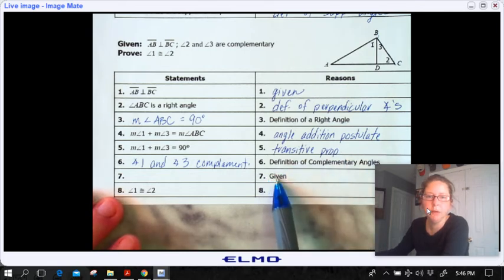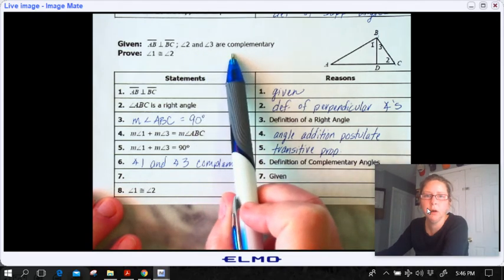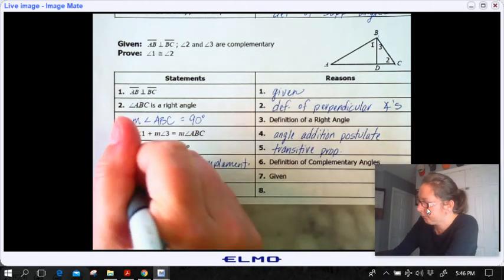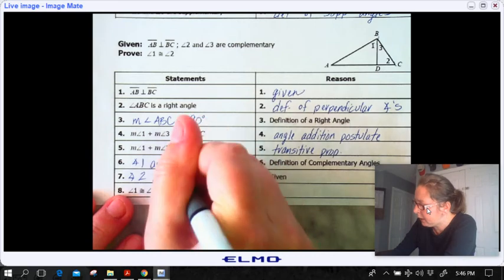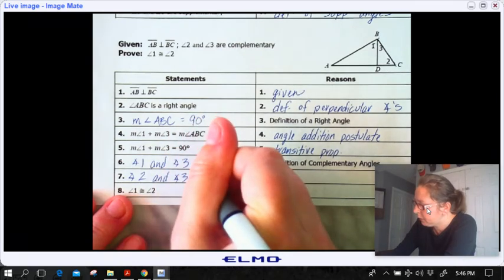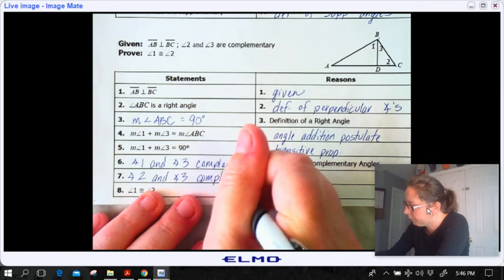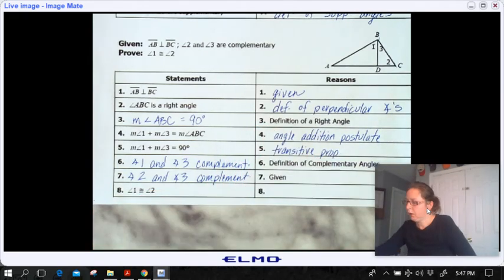We're down to given. What else did they give us? Angle 2 and angle 3 are complementary. So I'm going to add that right here. Angle 2 and angle 3 are complementary. Alrighty.